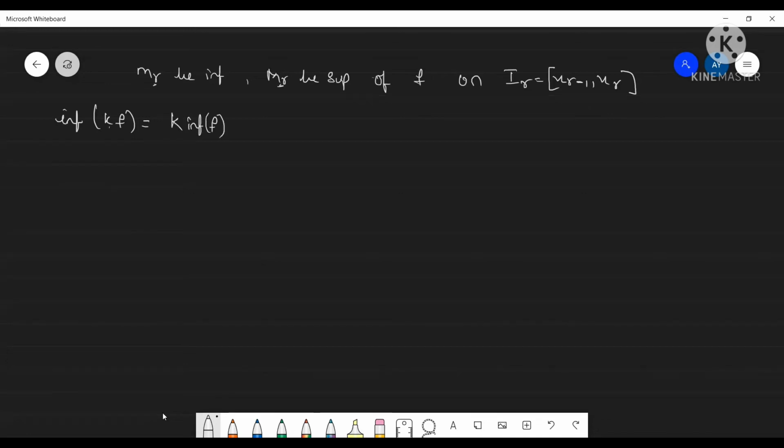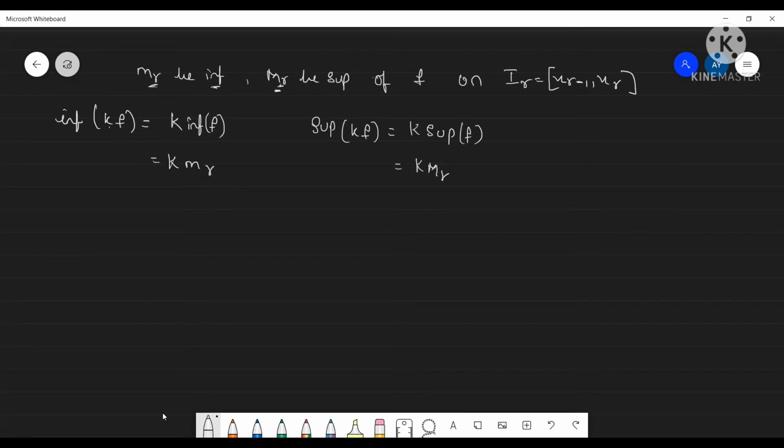I'm just taking the constant out. What is the infimum? It is k m_r. Then the supremum of k f equals k times the supremum of f, which is k times capital M_r.